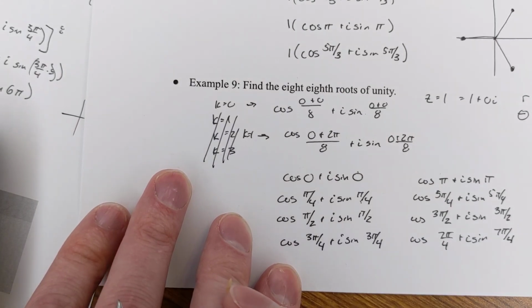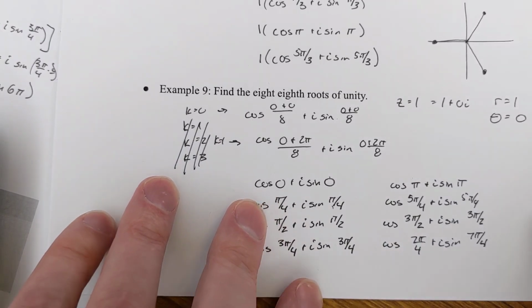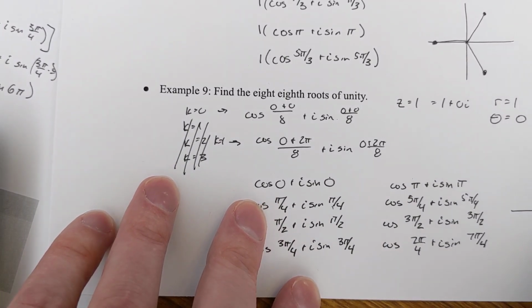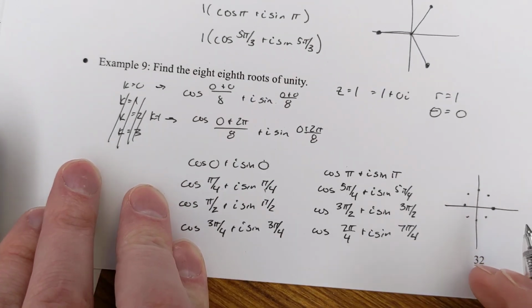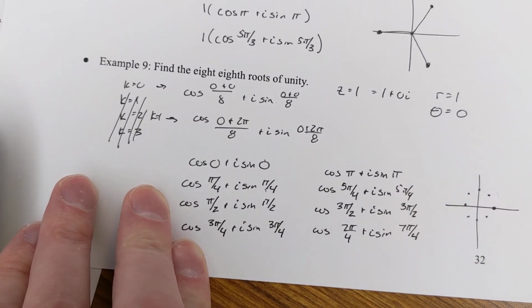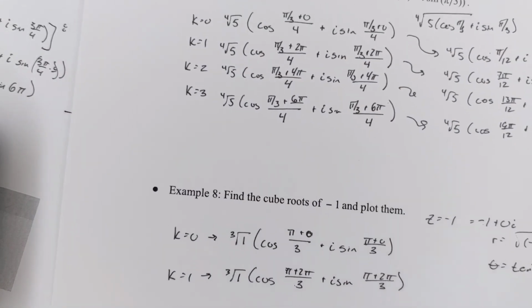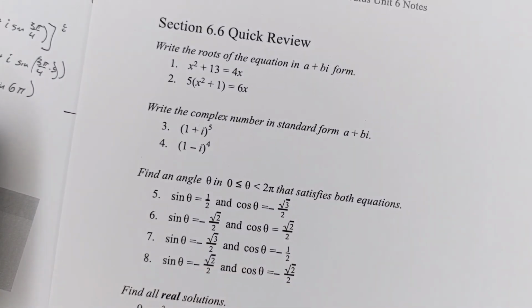So those would be all of them. And if you plot them, it looks like that. 8 evenly spaced around the origin. Alrighty, and that is the end of that section.